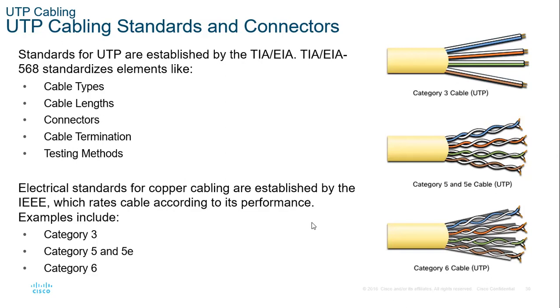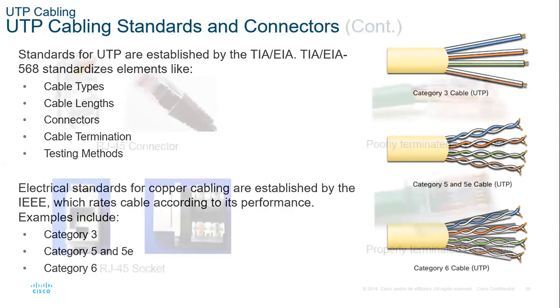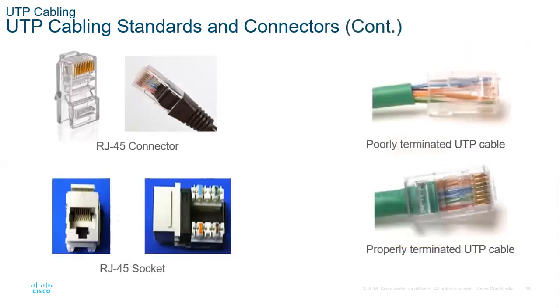Category 3 UTP cable, category 5 and 5E UTP cable, category 6 UTP cable. Electrical standards for copper cabling are established by the IEEE, which rates cable according to its performance. Examples include category 3, category 5 and 5E, category 6. So these are the UTP cabling standards and connectors.